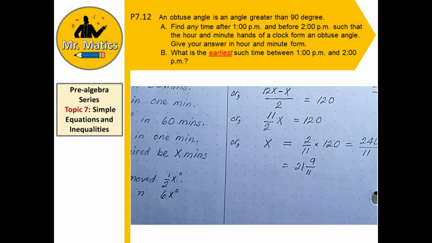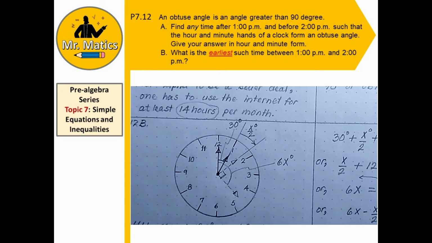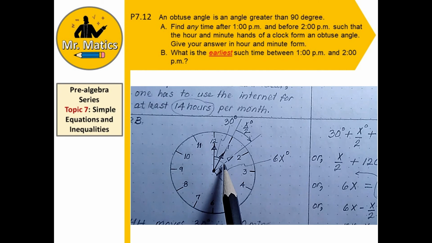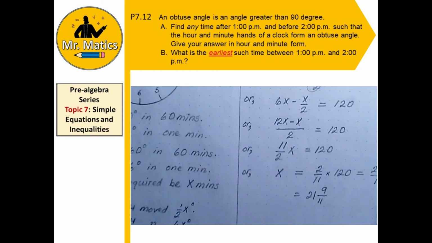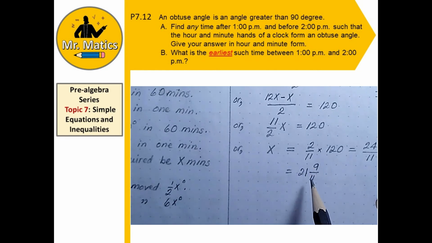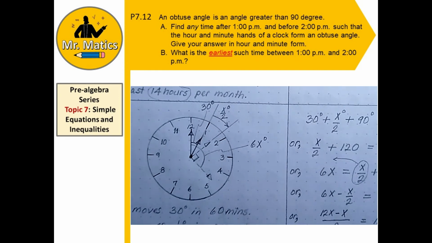So at 21 and 9/11 minutes, the hour hand is at 90-degree angle with the minute hand. At the very next minute, which is, let's say, 22 minutes past 1, at that moment, it is already obtuse.